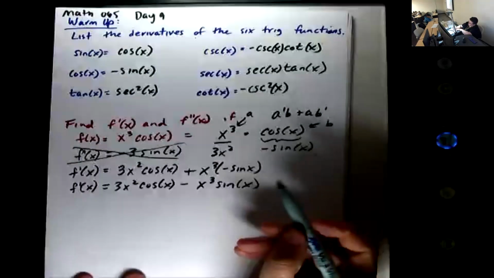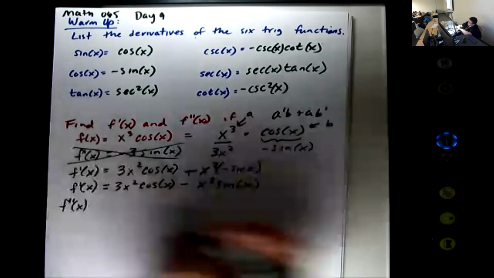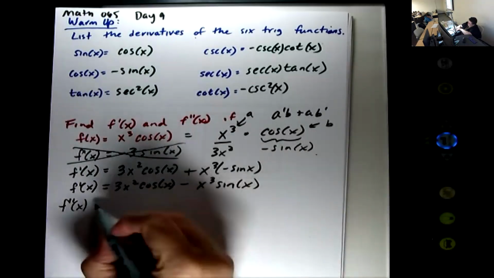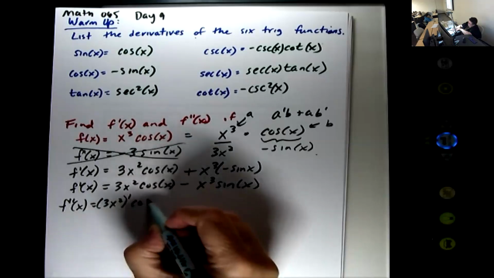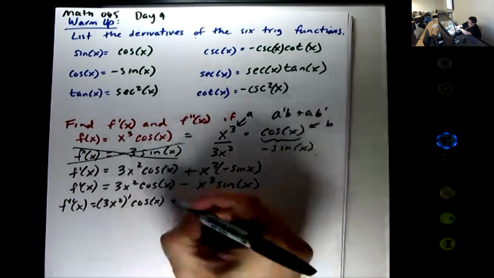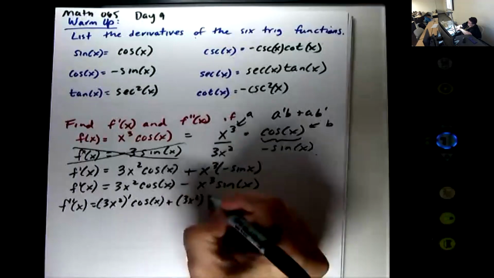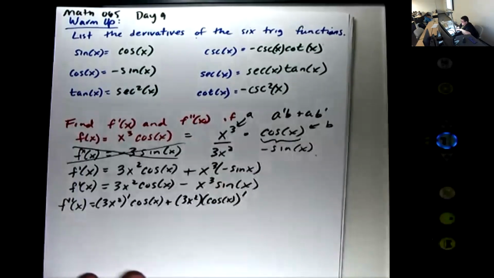Now, second derivative. So I need to do, and I'll write it out here, being a little bit more clear as I go. It'll take a little bit longer to write, but it might help you remember what we're doing. That's the first term's derivative.